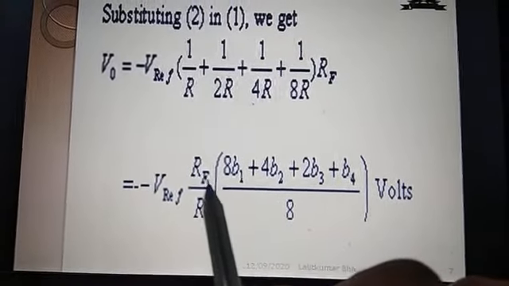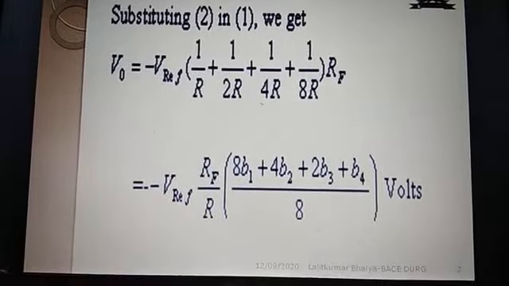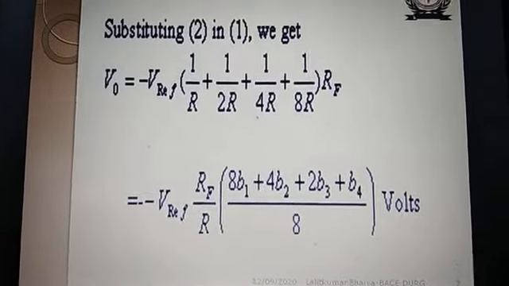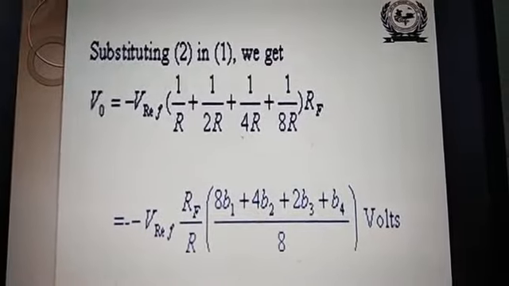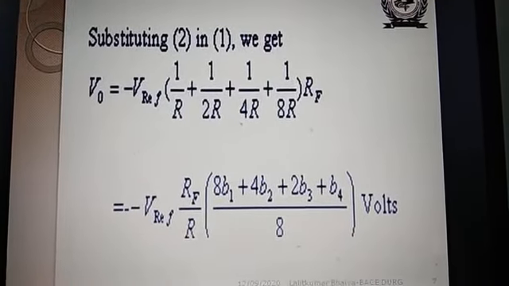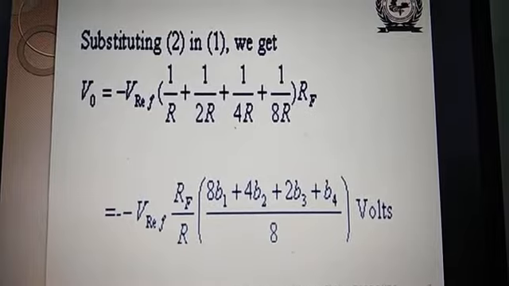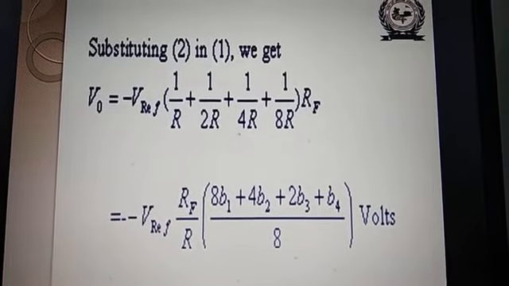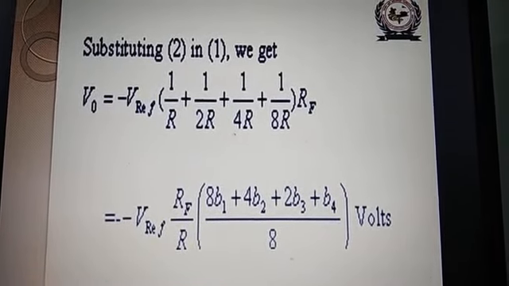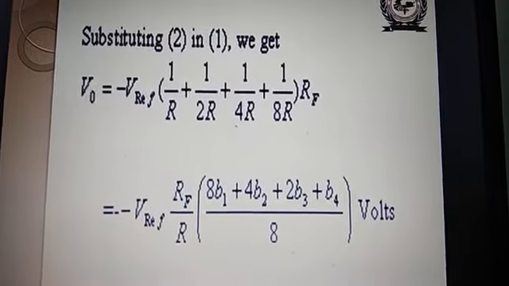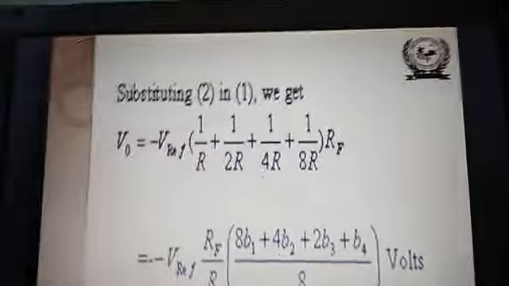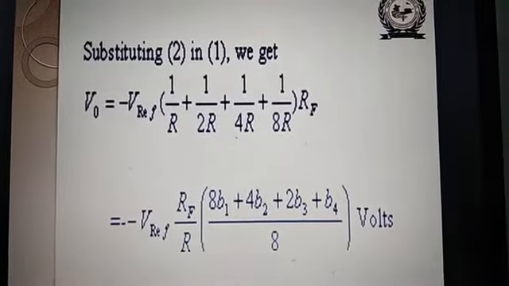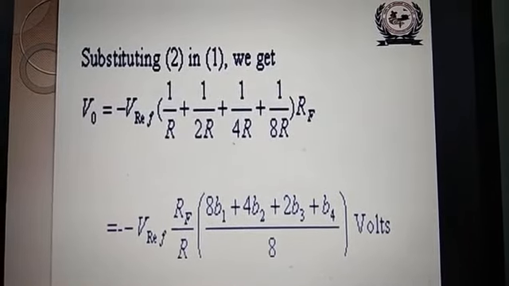Then you can put here RF and the value of R, so you will get the equivalent. V reference may be considered any value. If you take V reference equal to 5 volt, then 1 is equivalent to 5 volt, and 0 is equivalent to 0. So you can write this analog output with this equation.